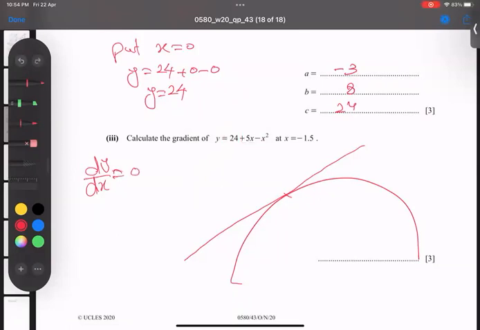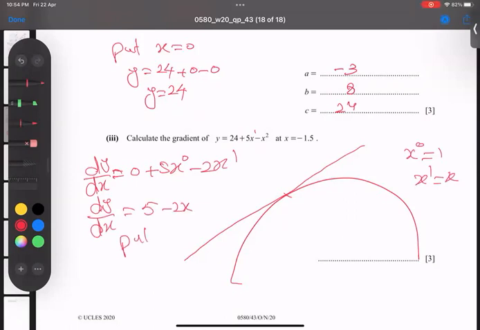And for 5x, you know the power of x is 1. So 1 comes down and multiplies, so 1 times 5 is 5, and the power becomes 1 less. And for x squared, 2 comes down and the power becomes 1 less. Something to the power 0 is 1, x to the power 0 is 1, and something to the power 1 remains the same. So I got 5 minus 2x.